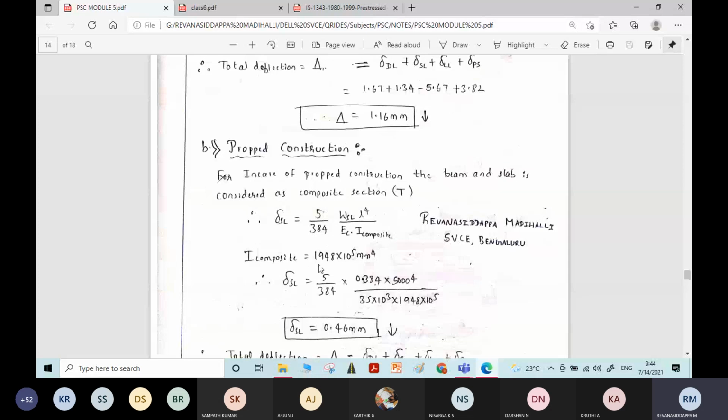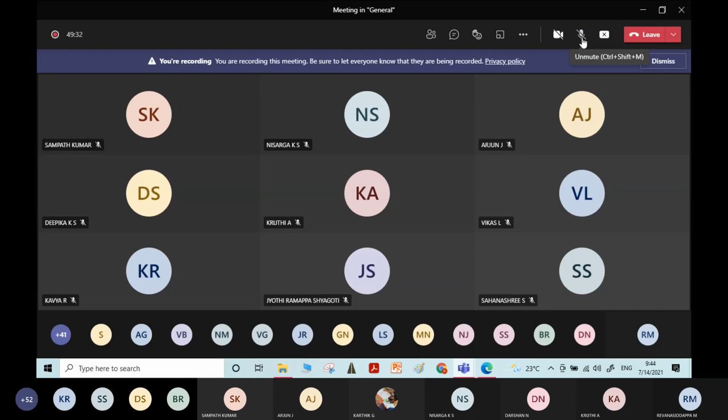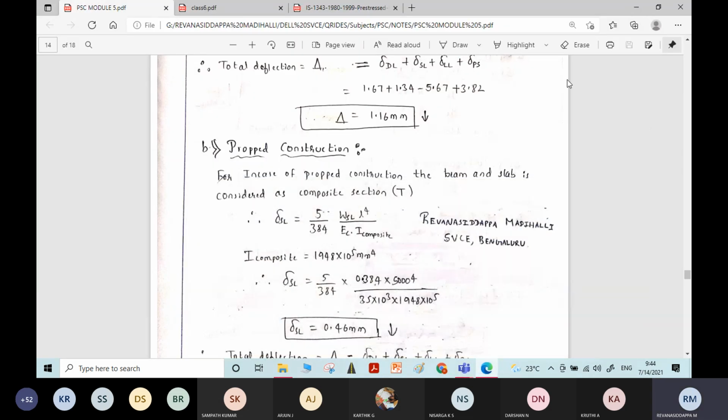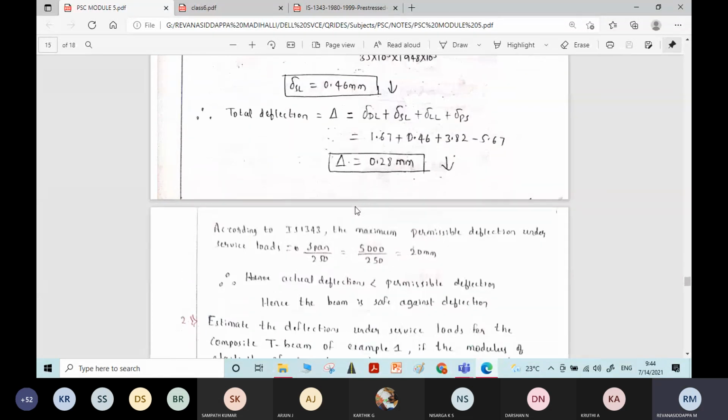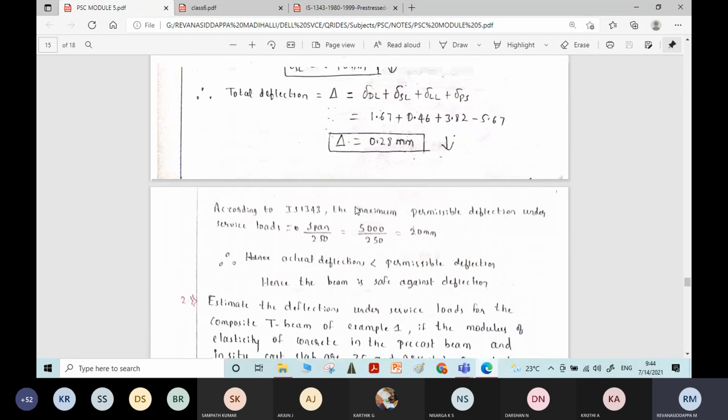The flexural strength problem is, as I told, similar to that of the flexural strength of the normal PSC beam that you have practiced in module number 3, correct?